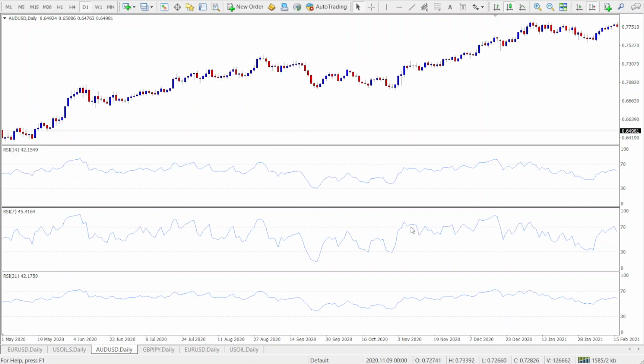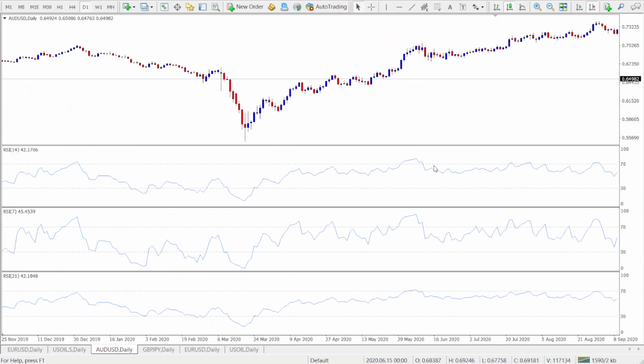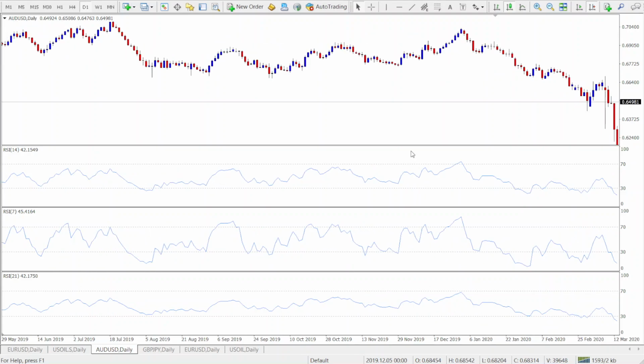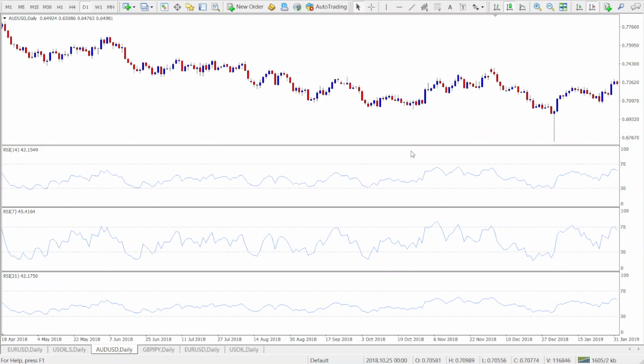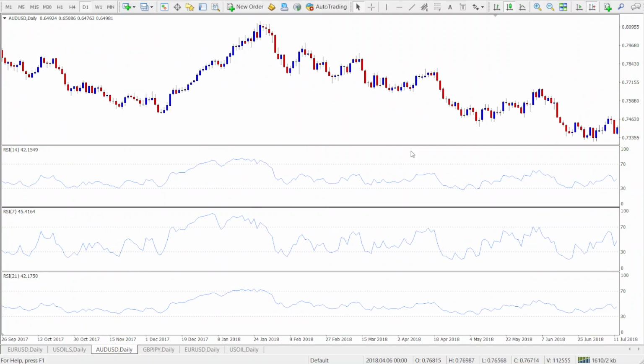So we need to find an example where we had all 3 RSIs above the 70 level. As we can see, it happened here. This was the top of this swing.